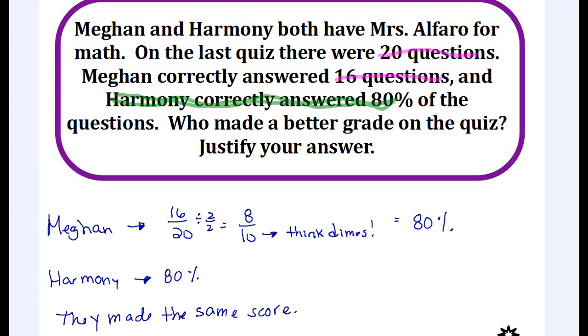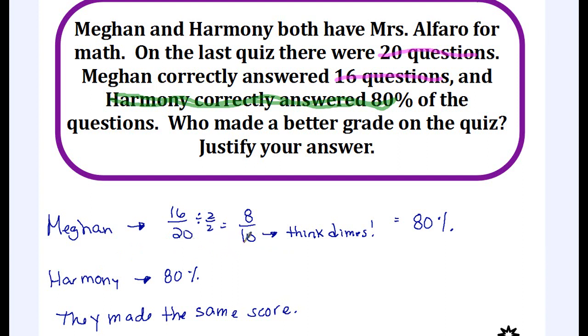All right, let's take a look. So Megan, we know, correctly answered 16 out of 20. 20 cents. This isn't on the benchmarks. We don't have a 20-cent coin that we can turn into a whole dollar. But we can turn the 20 cents into a dime, can't we?